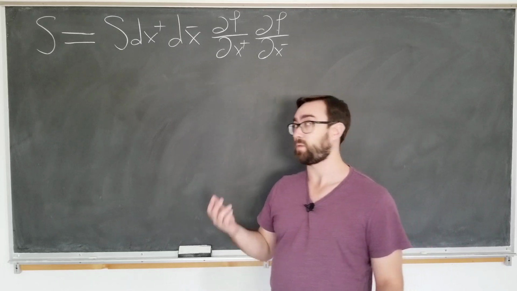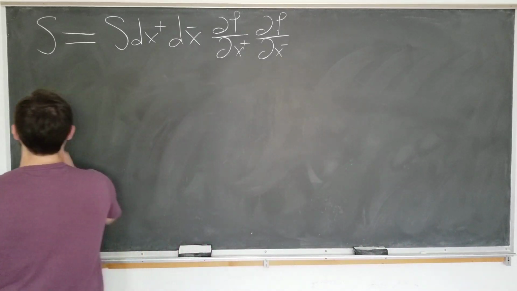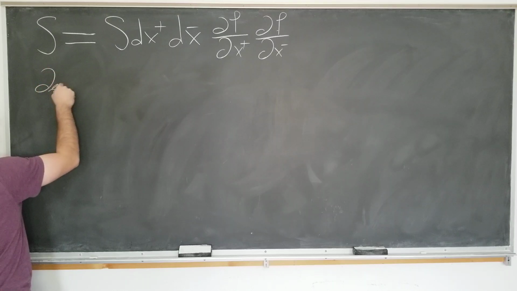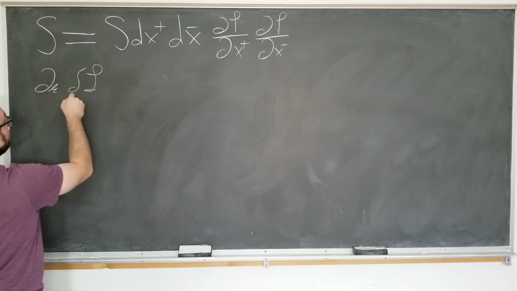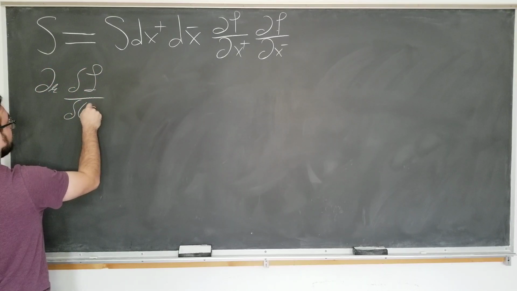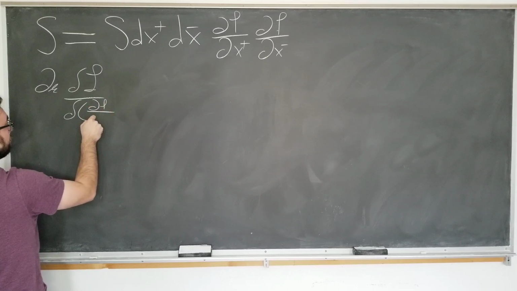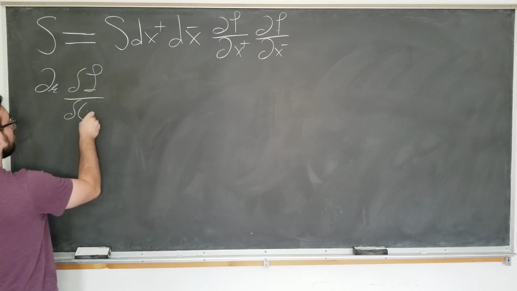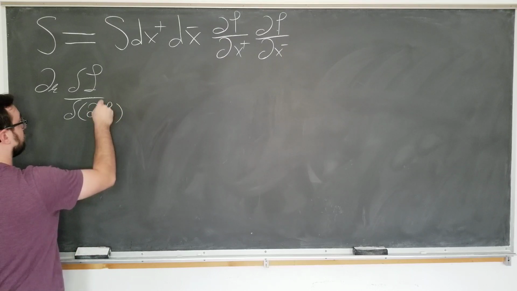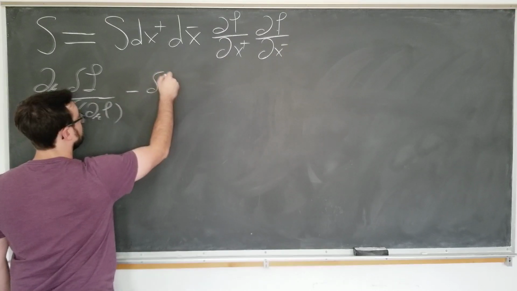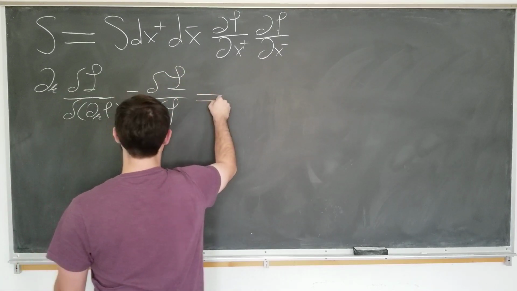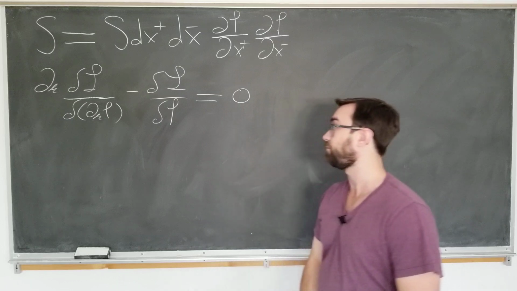Let's check out the Euler-Lagrange equations. For these, we have d mu of dL by d(d mu phi), abbreviating this, minus dL by d phi, is equal to 0 for some field phi.